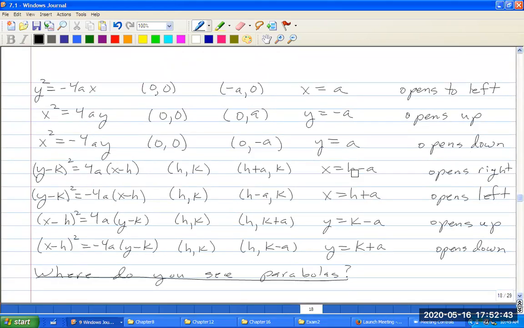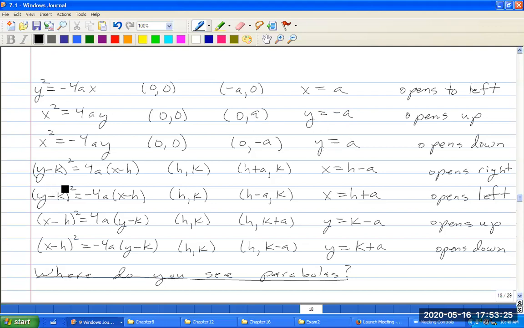So notice that if the y is squared, then I don't add anything to the y. The thing that I'm adding or subtracting is for the x coordinate. If it's an x squared, I don't do anything to the x, I do it to the y.